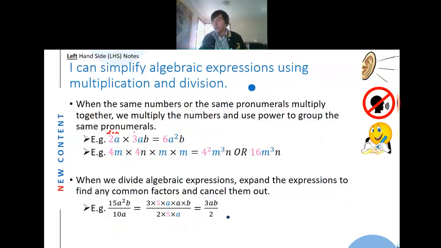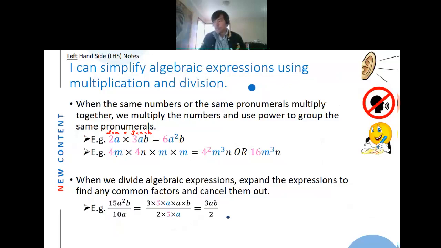And times this one is 3 times a times b. So what we're going to do is take the numbers and multiply them together. So it's 2 times 3, that gives you 6. And then here we got a times a. Well, a times a is a squared, and then the letter b is by itself.